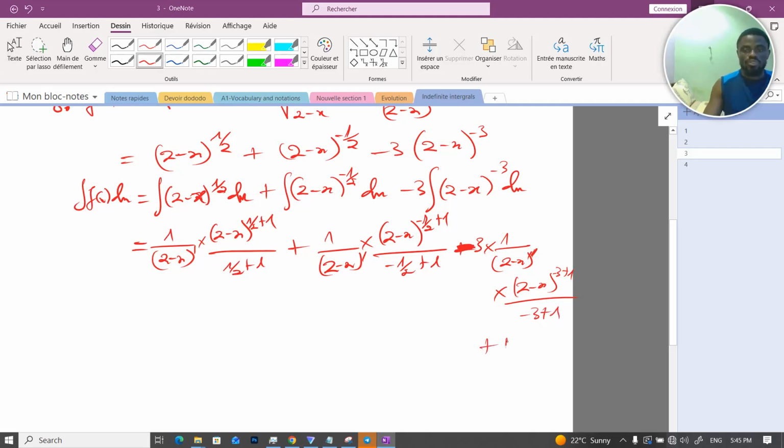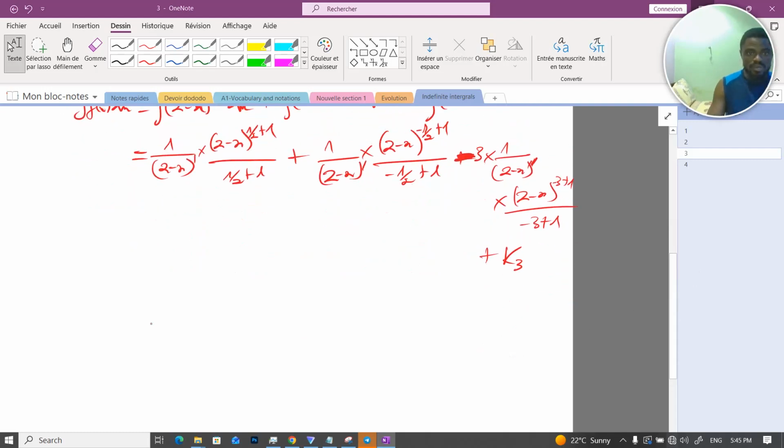Don't forget, plus our constant of integration, k3. Okay, let's simplify things. The derivative of this is simply minus 1.